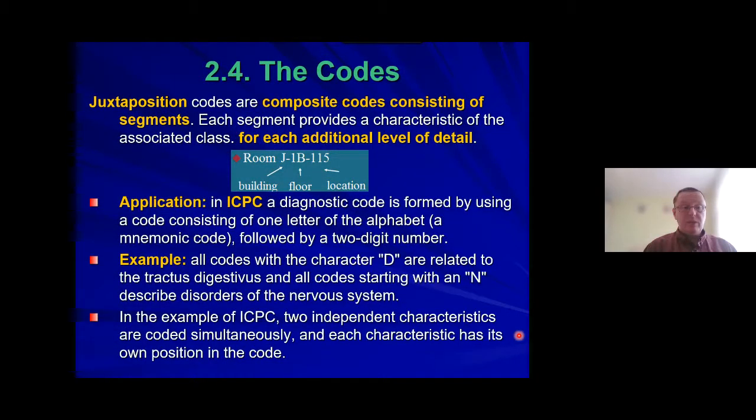Okay, one more type of code: juxtaposition. It is a composite code consisting of segments. Each segment provides characteristics of the associated class for each additional level of detail. In this example, we have a building, floor and location for a given room.